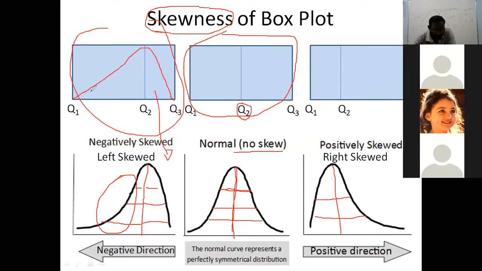So if you draw it like this, the spread between Q2 and Q1 will be much higher compared to Q2 and Q3. So that skewness is called a left skew. Sometimes it is also called a negative skew. Left skewed or negative skew.